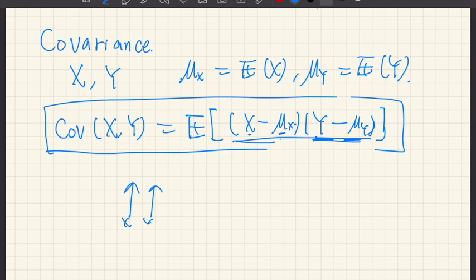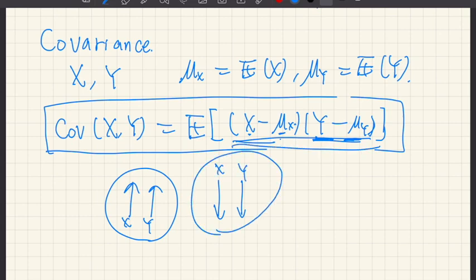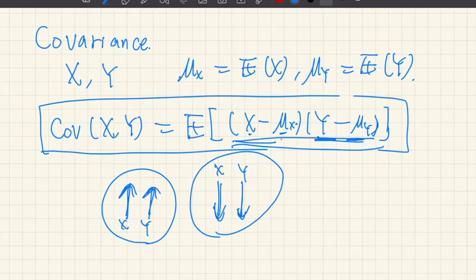Also the opposite happens. If x goes below the average and at the same time y goes below the average, then inside this is positive. So if x and y are moving or distributed in the same manner, in a cooperative manner, I would say, then on average the covariance is positive.